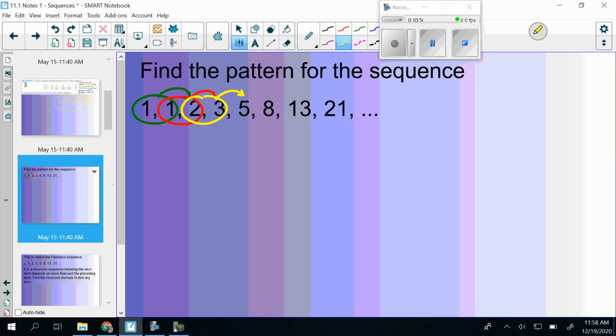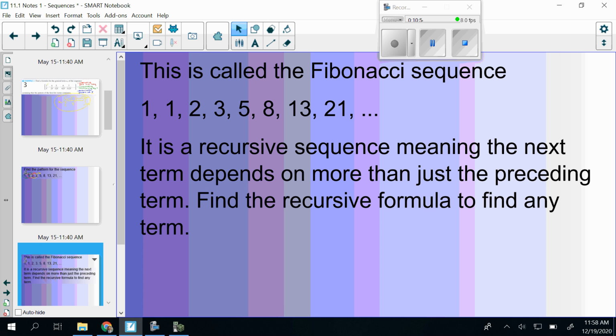So the pattern here is you take any 2 consecutive ones and add them together. And there's a special name for this one called the Fibonacci sequence. So it's a recursive sequence, meaning the next term depends on more than just the preceding term. You got to use the previous 2.